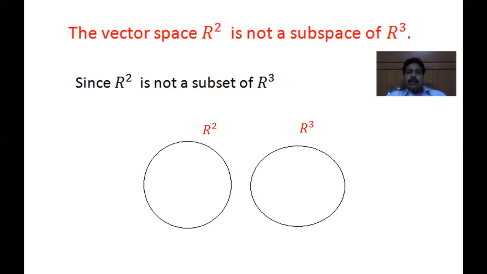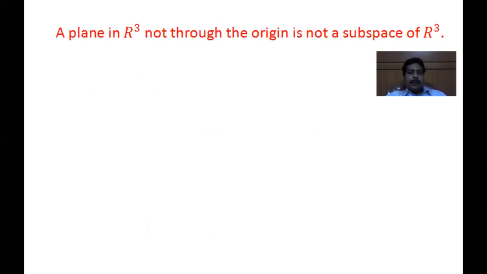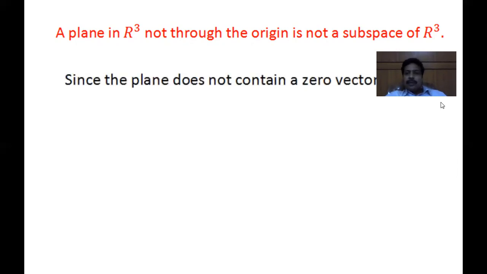Similarly, a plane in R3 not through the origin is not a subspace of R3. So R3 geometrically represents the 3D space. But if you take a plane in the 3D space which is not passing through the origin, it is not a subspace of R3, since it does not contain the zero vector.